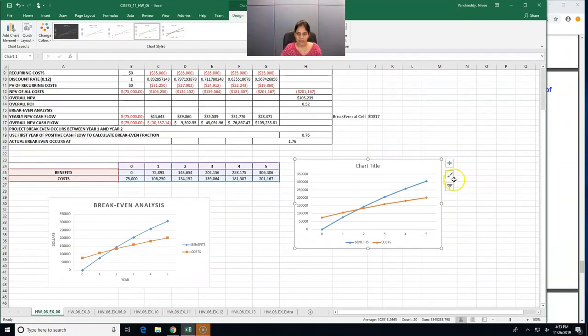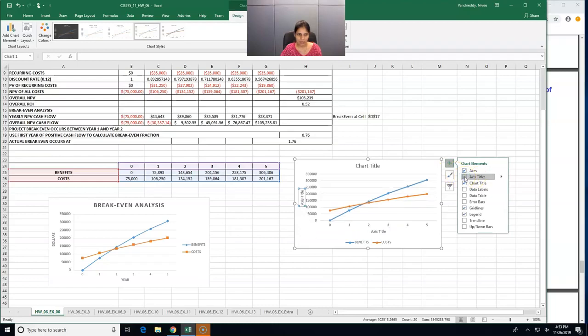And you can style it. You can add axis titles, and maybe data labels or anything else. You can style it as you wish. You can add the title as break-even analysis.